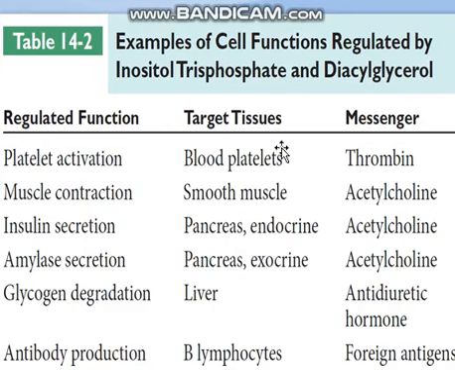All these again have some target tissues, right? And again they have some messengers. The primary messengers bind to the receptors of the target tissues, and these target tissues are going to activate and regulate these functions.